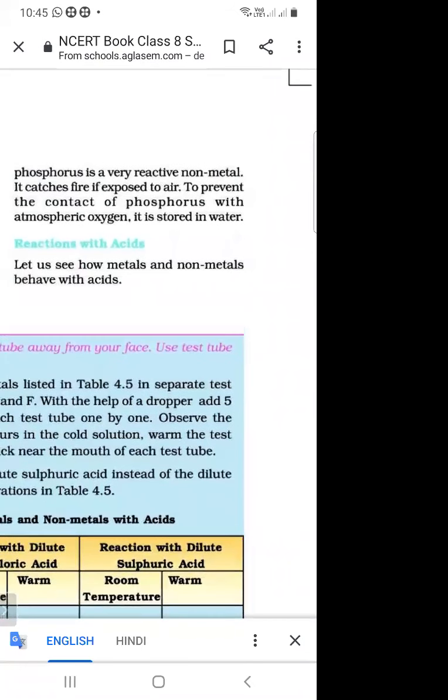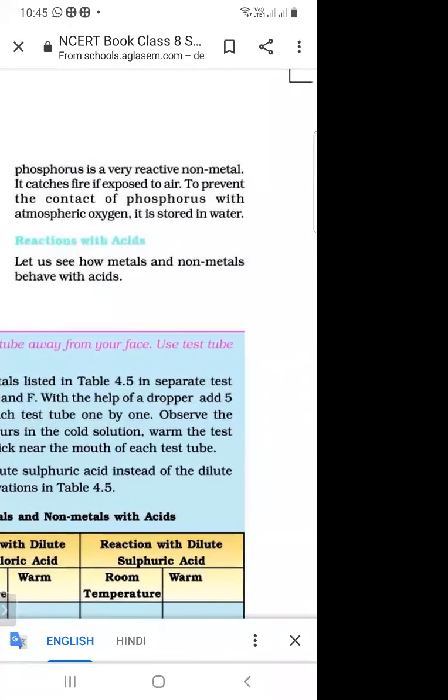Because phosphorus is a very reactive non-metal, and when it comes in contact with air, a highly explosive reaction may occur. So we store it in water. What is the conclusion? All metals react with water. Some react vigorously and some react very slowly.